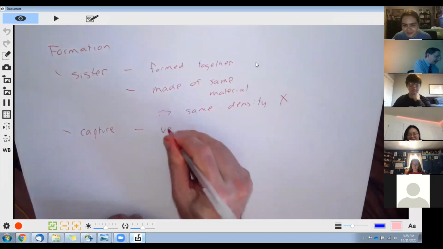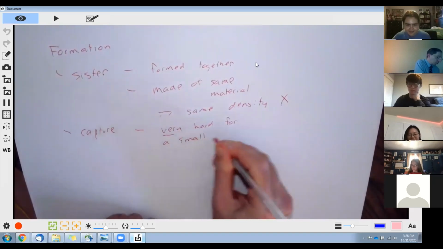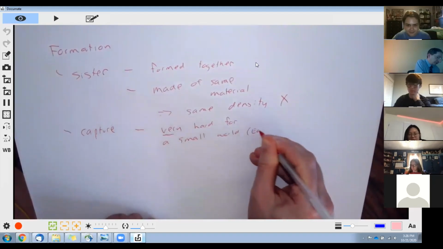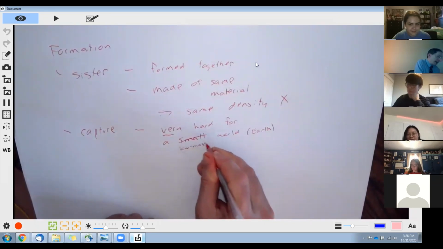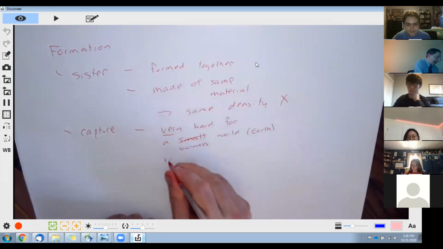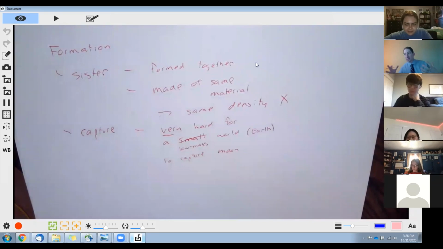It's very hard for a small world, meaning Earth, forget small, a low mass world such as Earth to capture something as high mass as the moon. The moon has a lot of mass, it's moving at a certain speed, has a lot of energy, and if it's not coming in at just the right angle and just the right energy, it won't enter orbit. It'll just keep going. It may be deflected, but it'll just go off into space. To capture a world as big as the moon, you need to already have a moon.